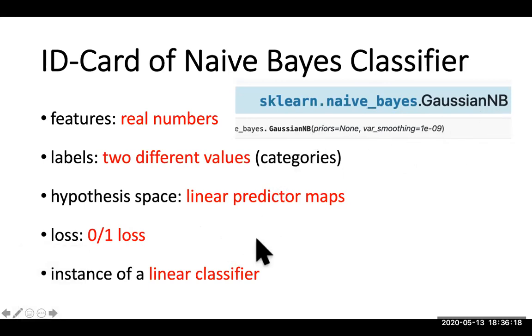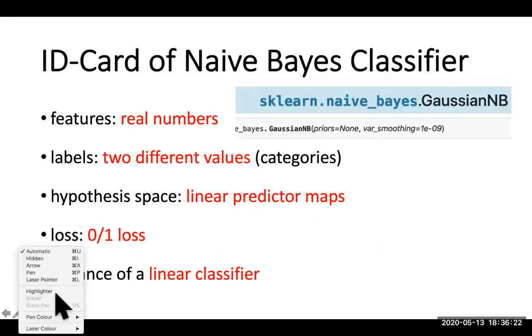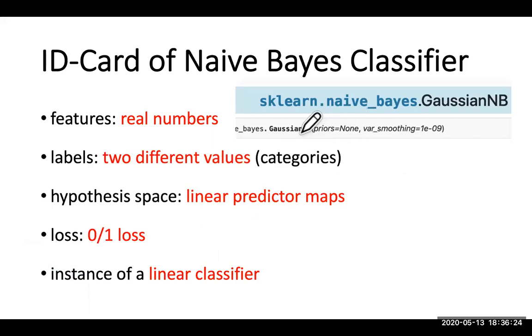this object here and one method. Does anybody know the name of the method that finds the predictor map with the minimum loss? Which function fits the linear predictor to the data points by minimizing the loss?